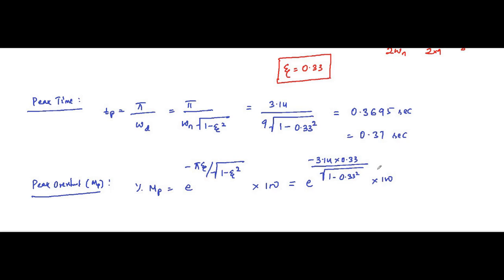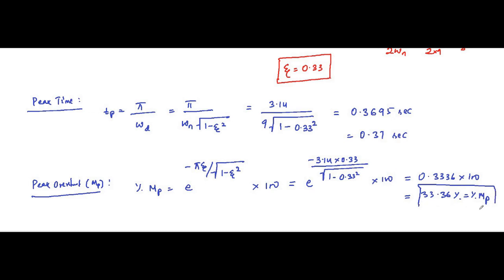The result that we are getting is 0.3336 into 100, which is equal to 33.36%. That is the value of peak overshoot.